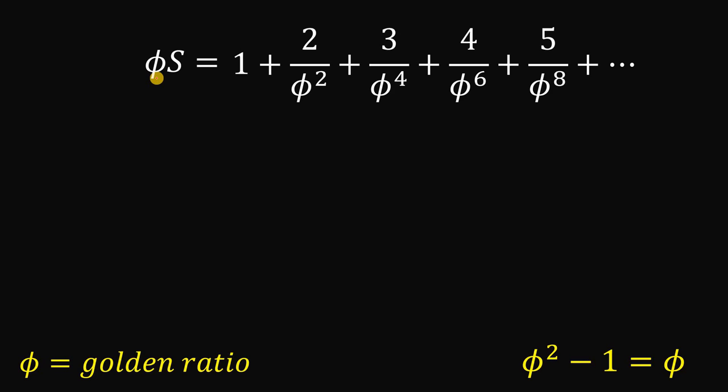Alright. Now, what we're going to do is to multiply again the whole series, the left side and the right-hand side, by phi raised to the 2nd power.